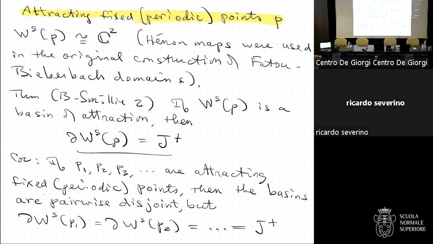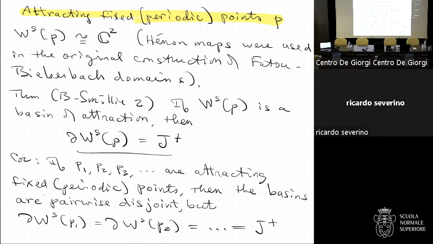And if you're thinking about Fatou-Bieberbach domains, the same kind of argument that gives us this convergence of stable disks also tells me that if I'm at an attracting fixed point, then W^s is now an open set, a Fatou-Bieberbach domain, and if I take its boundary, I'm going to get J plus.